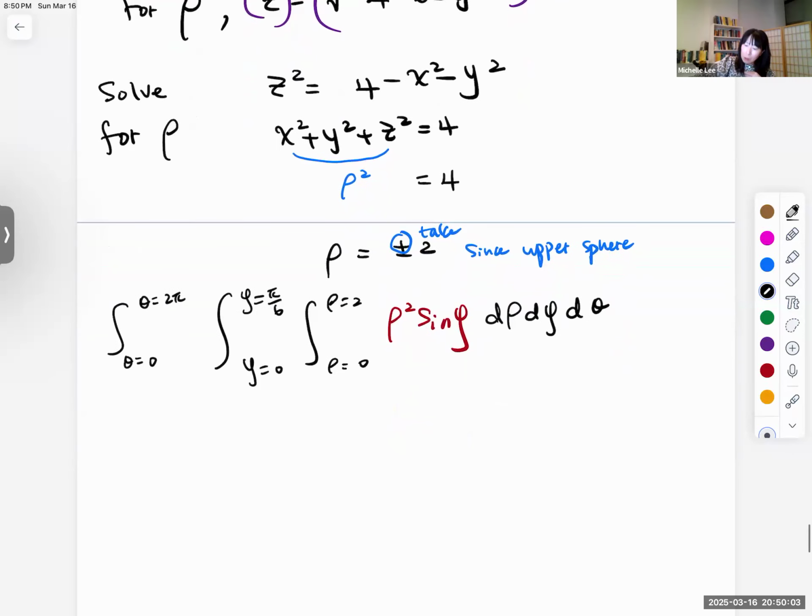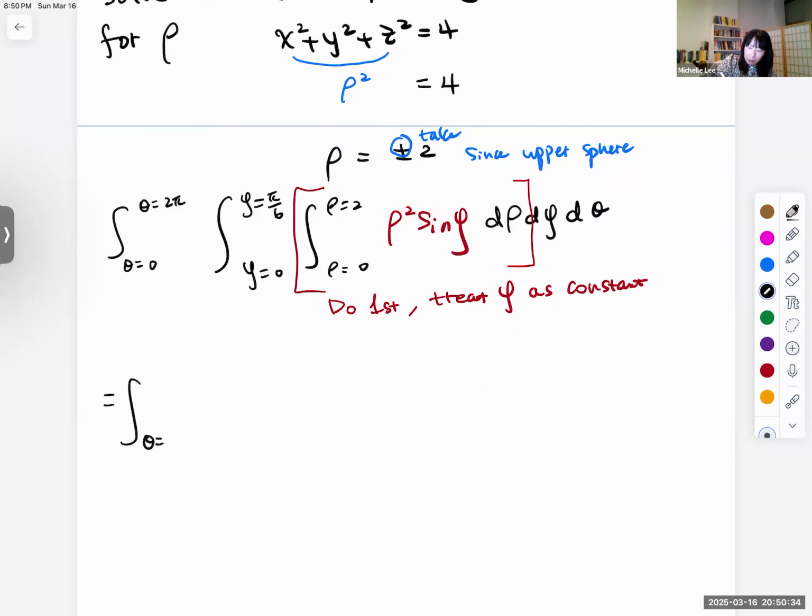A little bit confusing. Okay, so we want to integrate with respect to rho. In that case, phi is constant, right? So we do that first. We treat phi as constant, and we don't have a theta here, so I don't have to write it down. So we have theta from 0 to 2 pi, and phi from 0 to pi over 6.